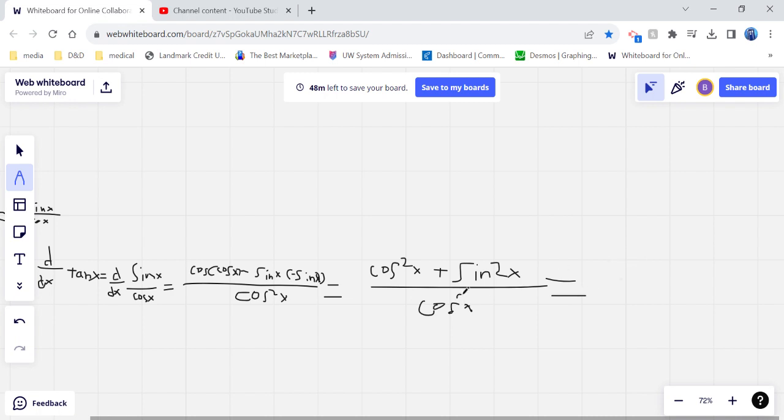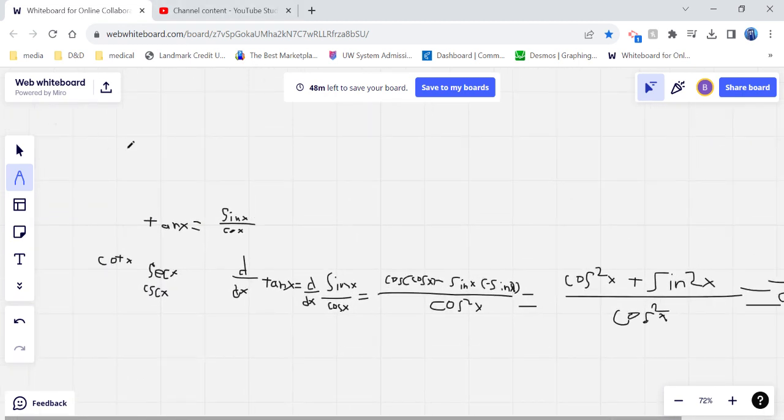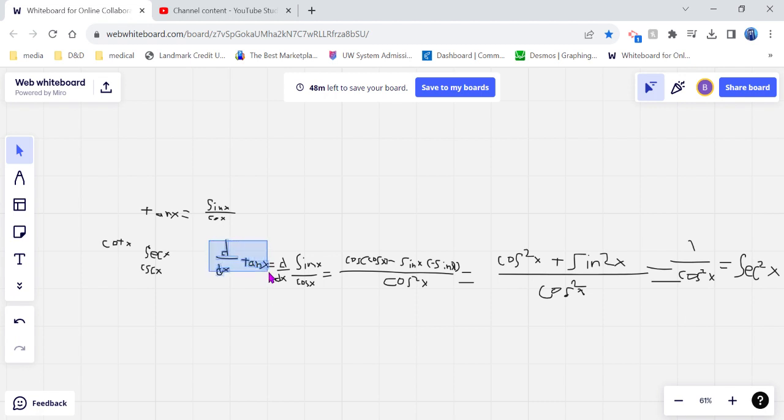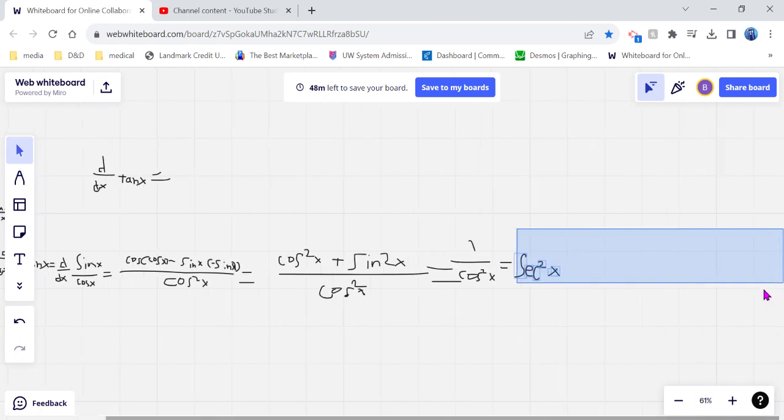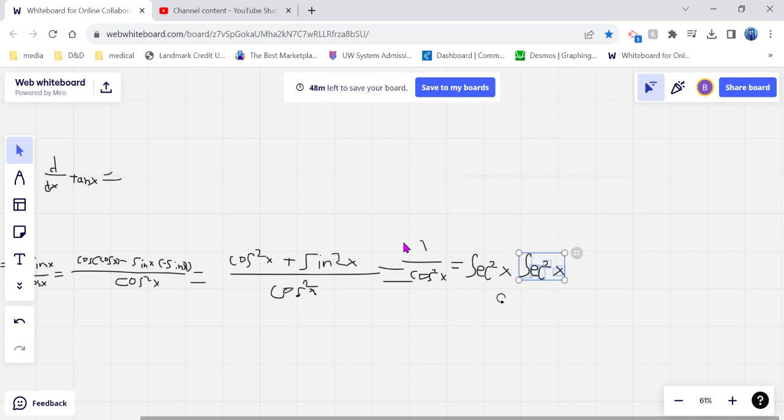And what we're left with is 1 over cosine squared of x, which is equal to secant squared of x. So the derivative of tangent x equals secant squared of x.